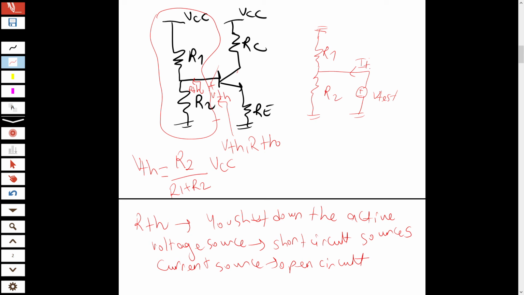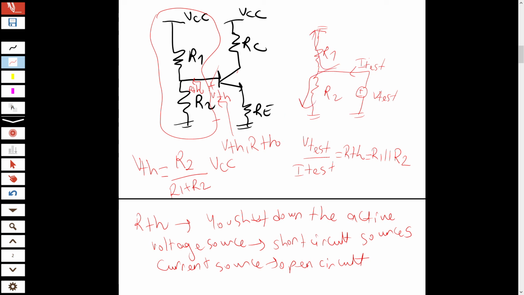If you find V test over I test, this is my RThevenin. And in this circuit, it equals R1 parallel R2. Why? Because I test has two paths to go to ground. One is R1, one is R2.